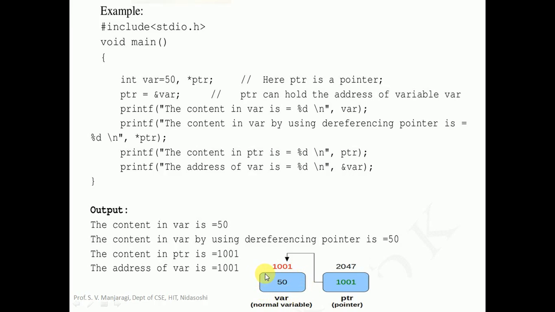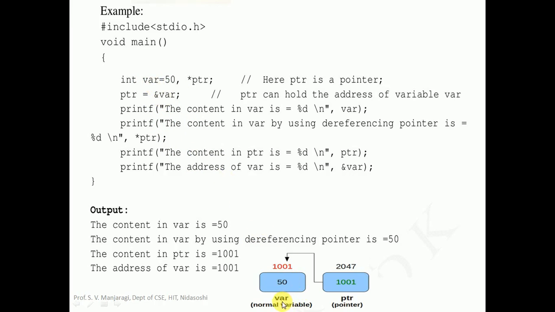Let us assume that address of this particular memory location is 1001. In fact, we cannot create the address of the memory location because that will be assigned by the system itself. But for our understanding, let us take the address of this particular memory location is 1001, and the value stored here is 50. So var equal to 50 means the value 50 will be stored in the memory location whose address is 1001, and name given to this memory location is var.